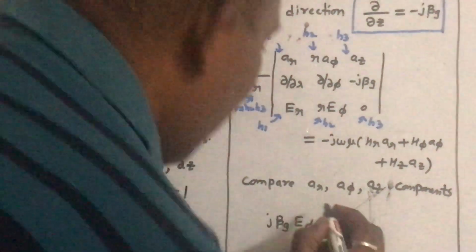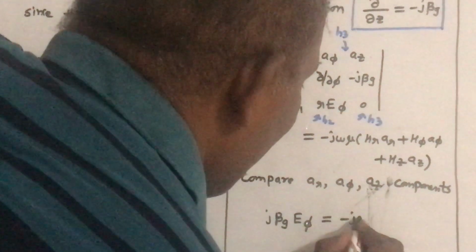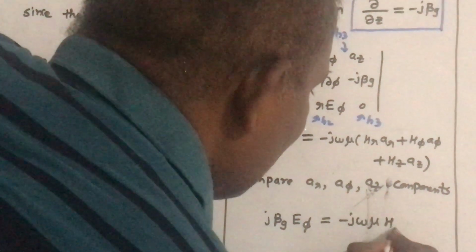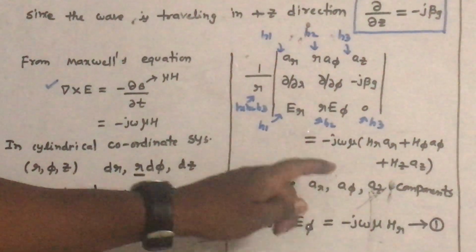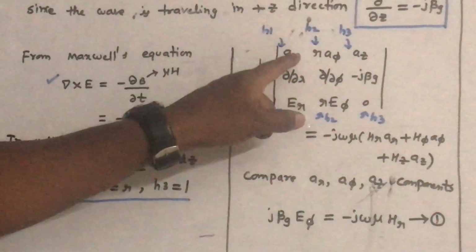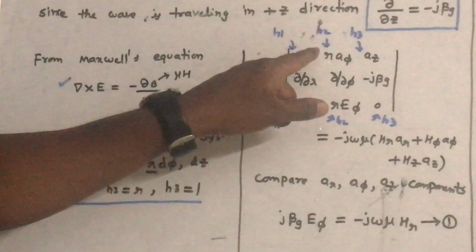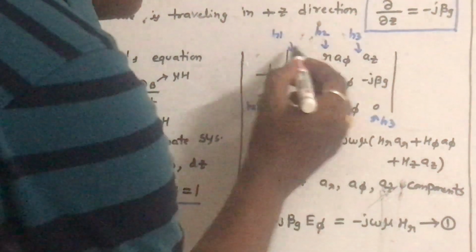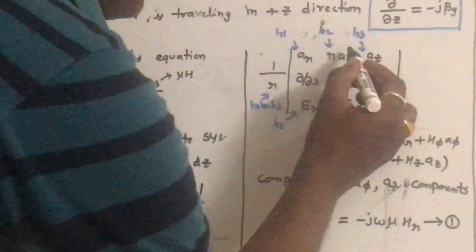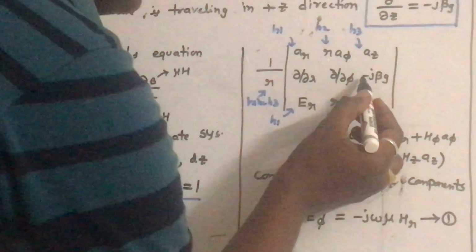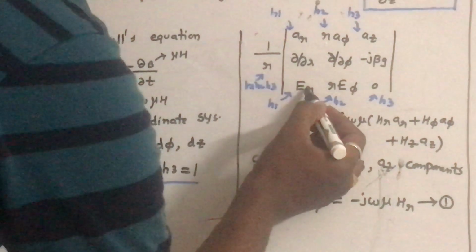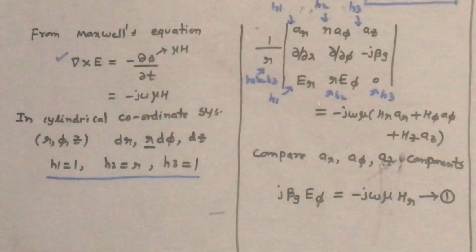What is the right side term? The right side term is minus j omega mu H_r. So take this as equation 1. This is the a_r component. Similarly, compare the a_phi component: 1 by r, minus r a_phi into dou by dou r of 0 is 0. Minus into minus gives plus j beta g into E_r, so this r and this r cancel out.